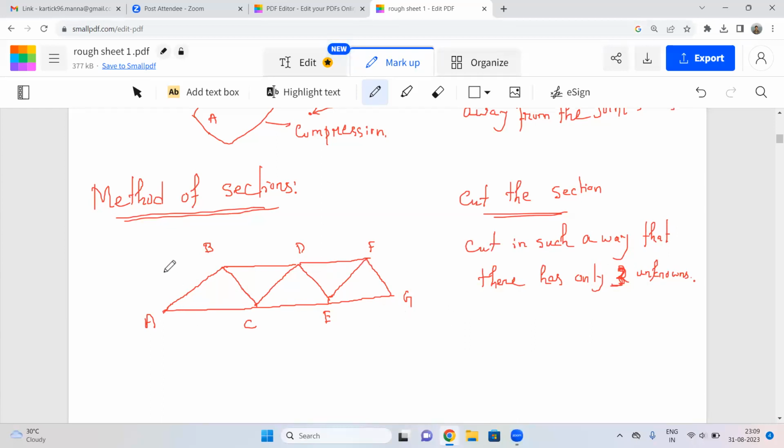So first of all, at point A, you know that VA and HA, right? At point G, you have VG. At B, you have that 80 kilonewton force, and here a 50 kilonewton force. So first of all, you will cut. If you cut from here, what will happen?